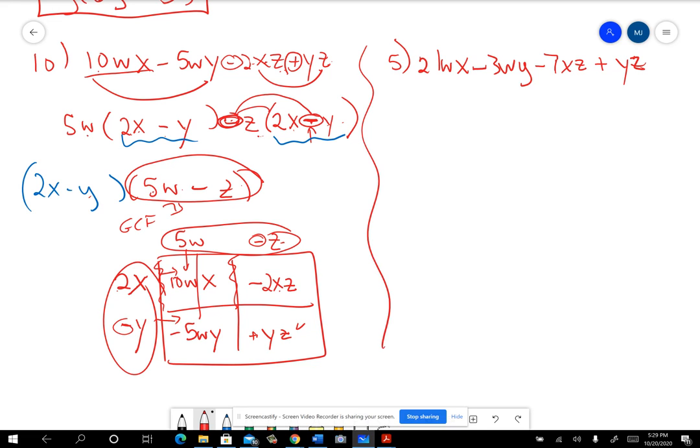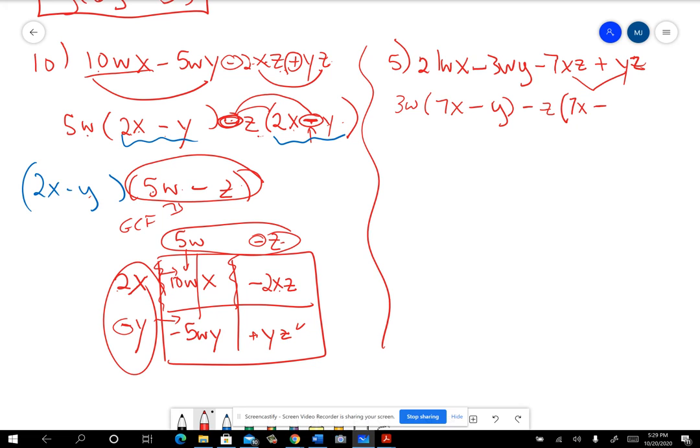All right. So this one's going to be done in a similar way. If you did it without the box, you would pull out the 3W, and there'd be 7X minus Y. Over here, what's common was the Z. Pull the negative out along with it, so what's left inside here also is positive 7X.